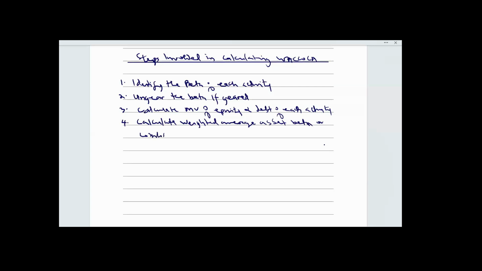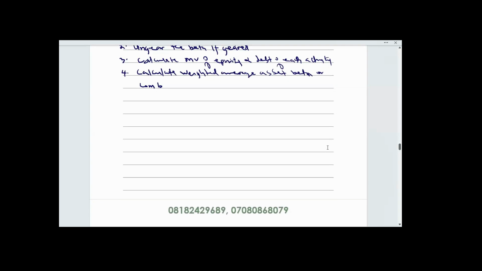Calculate combined asset beta, that is beta asset of the combined. Then, of course, how do you do this? Using the formula below.